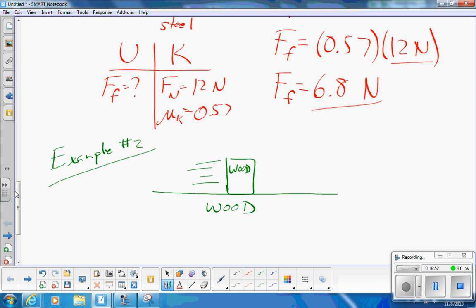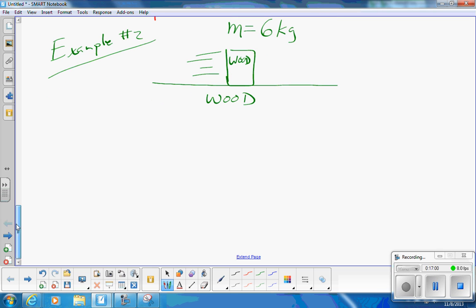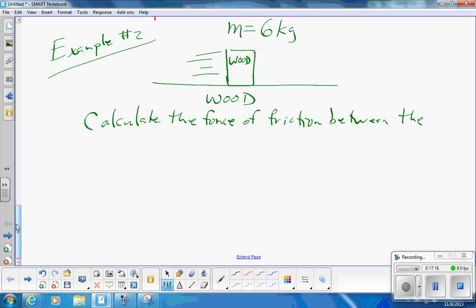If I tell you that the mass of the box is 6 kilograms, and I ask you to calculate the force of friction between the box and the table, how would you do that?